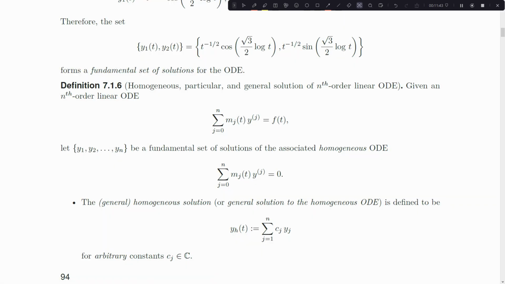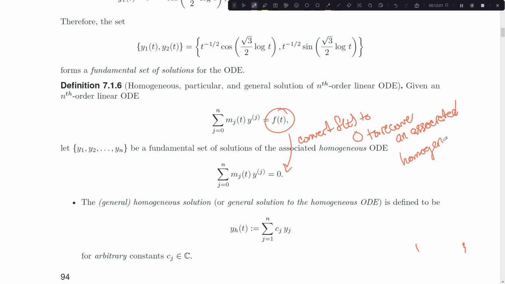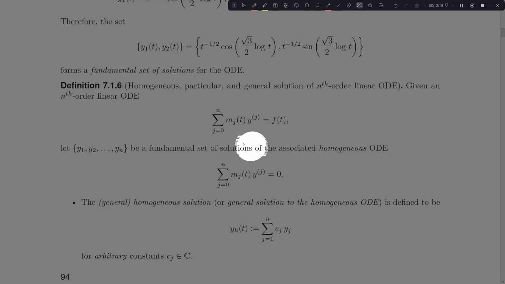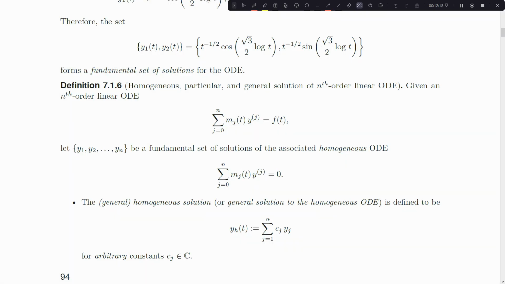So what I've done is I've taken f and I've converted it to 0 to recover an associated homogeneous ODE. So all we do is we start with an inhomogeneous one, and we reduce the right-hand side to 0, and then we extract a fundamental set of solutions for that particular homogeneous ODE.